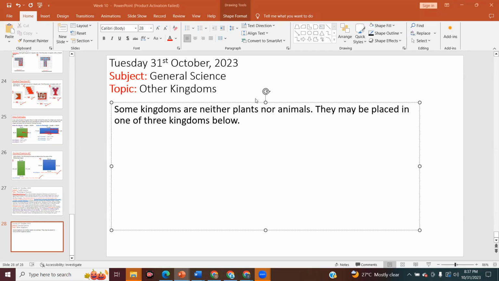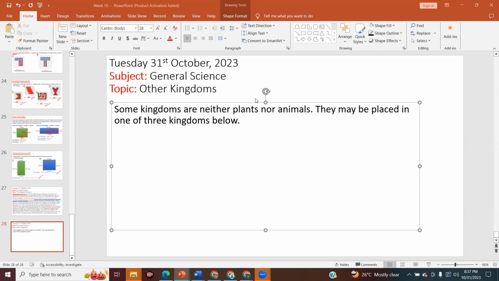And give me an example of 3 things that would be considered a part of the animal kingdom. Tigers, panda bears, elephants. All those things can be considered part of the animal kingdom.